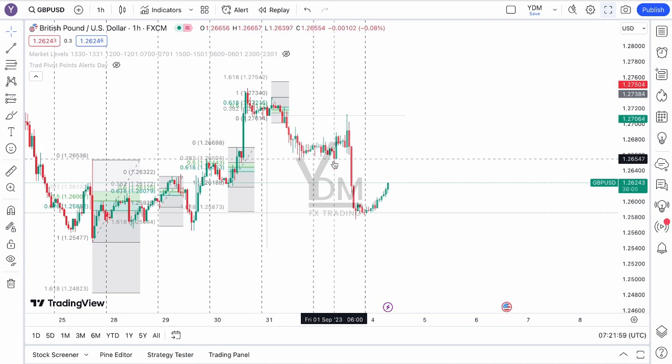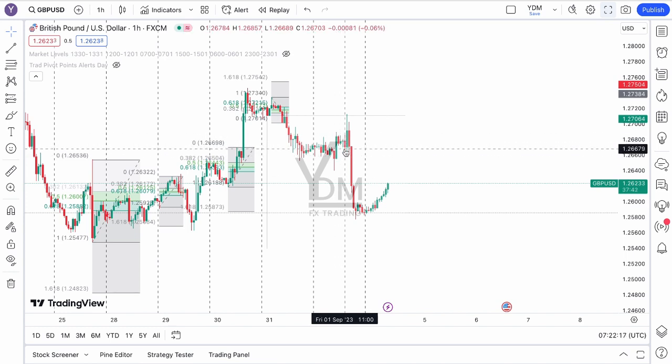As at 7 a.m. London time, there was a pullback right here, confirming a buy trend. It kept on moving, with a little pullback here that was on high before the news.